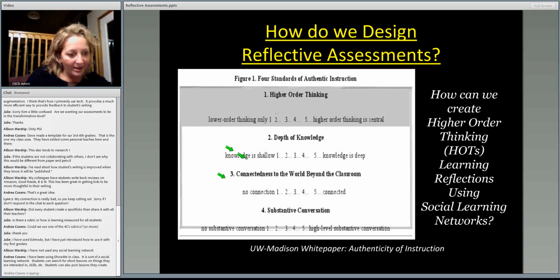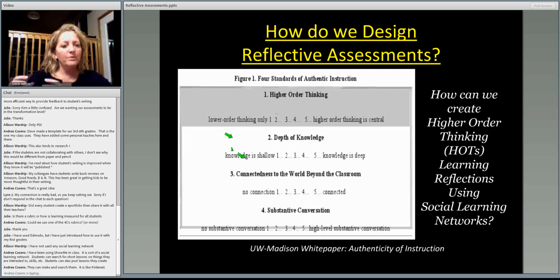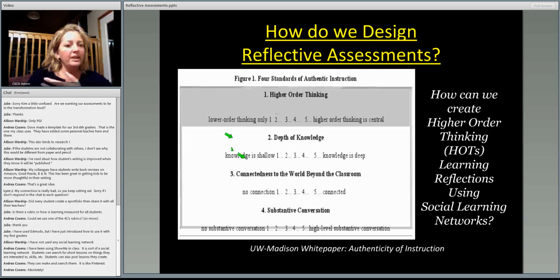So Andrea says she's been using Show Me in Class, and it's a social learning network. I thought Show Me was the one where they make the little videos, Andrea, and then they contribute it to a social networking place. So I thought of it along the lines of Khan Academy, where the students would explain maybe how they solve problems or how they understand what a healthy ecosystem is.